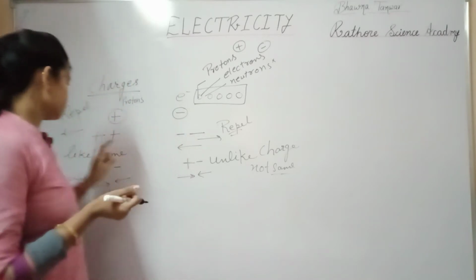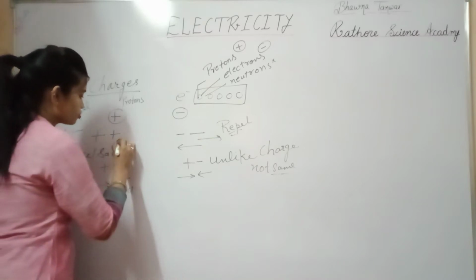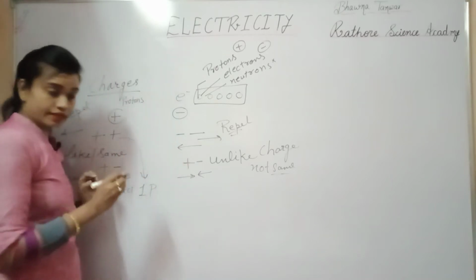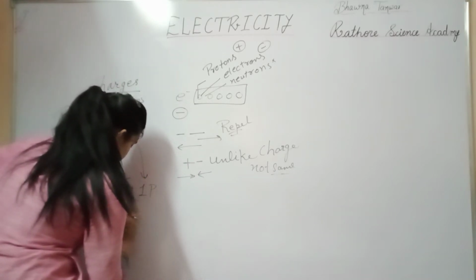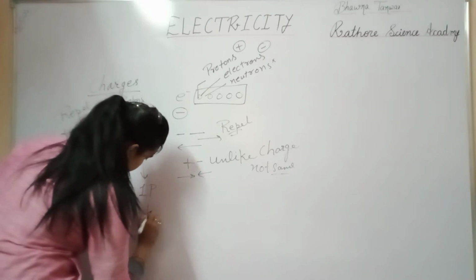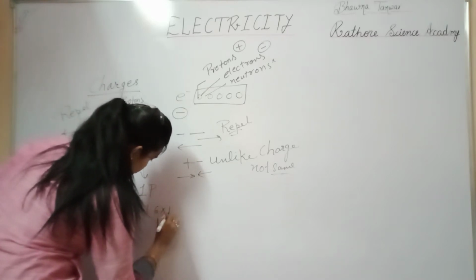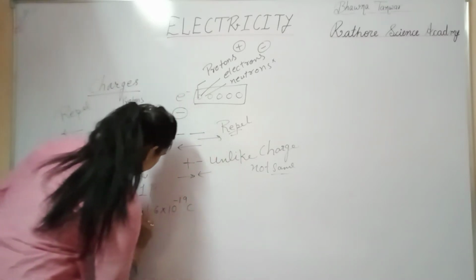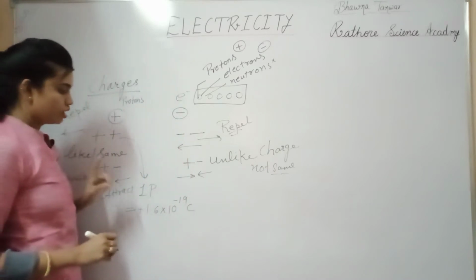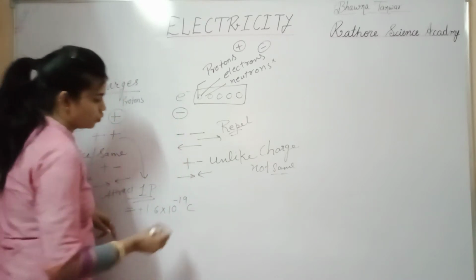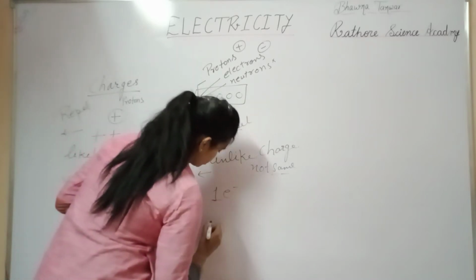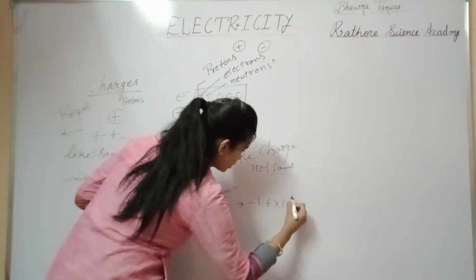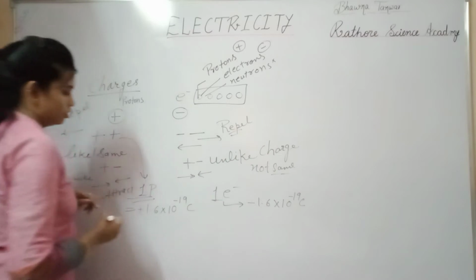Another thing: the positive charge on one proton is equal to 1.6 into 10 raised to the power minus 19 coulomb. And the charge on one electron, negative charge, is minus 1.6 into 10 raised to the power minus 19 coulomb.